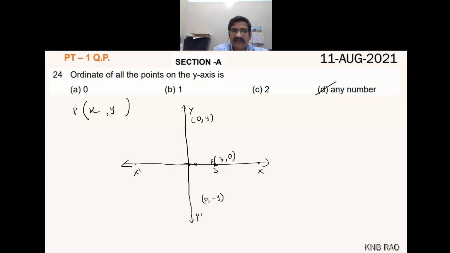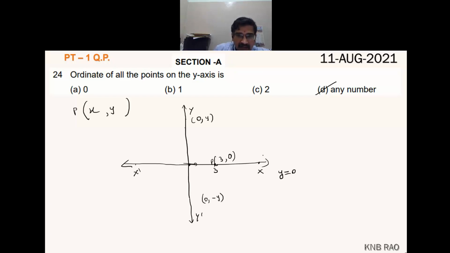Any point lying on the x-axis will have its y coordinate 0. That's why the equation of the x-axis is y equal to 0.